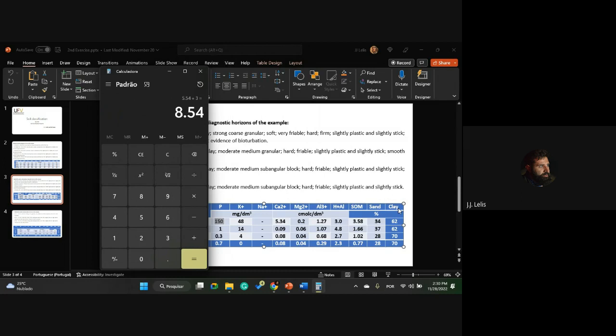Okay, it's just 8.54, but we have to consider the content of potassium.